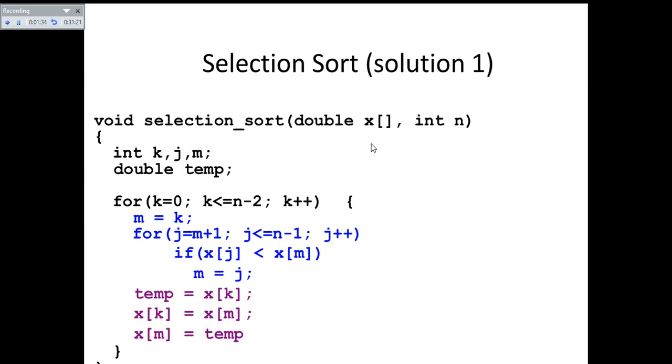This is repeated several times, so that finally m will hold the element that is less than all the other elements in the first iteration.